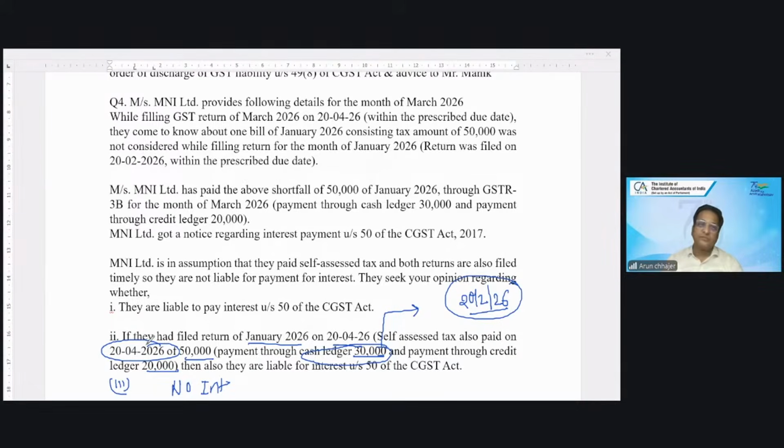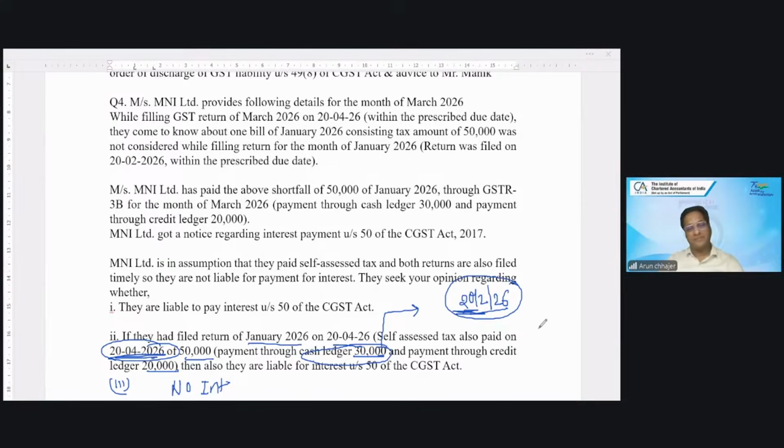Kindly assume that cash has been deposited this date before the due date and used on this date. Will interest be applicable on the cash portion?